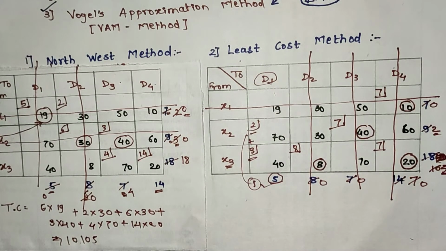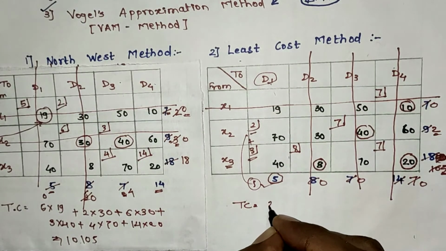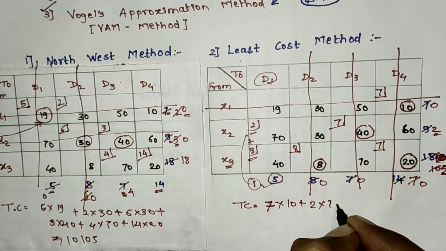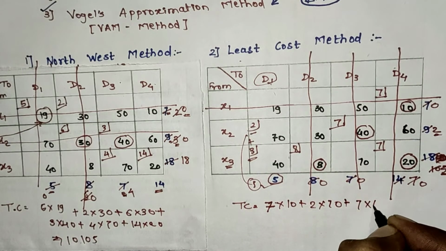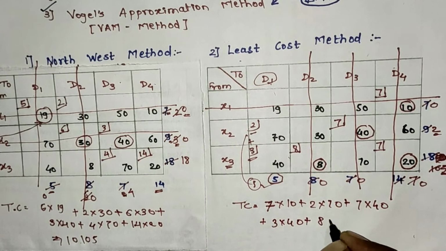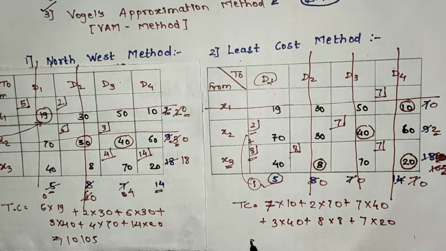Now let's calculate the total cost. So total cost equals 7 into 10 plus 2 into 70 plus 7 into 40 plus 3 into 40 plus 8 into 8 plus 7 into 20. Once we calculate this, we get the transportation cost as 814 rupees.